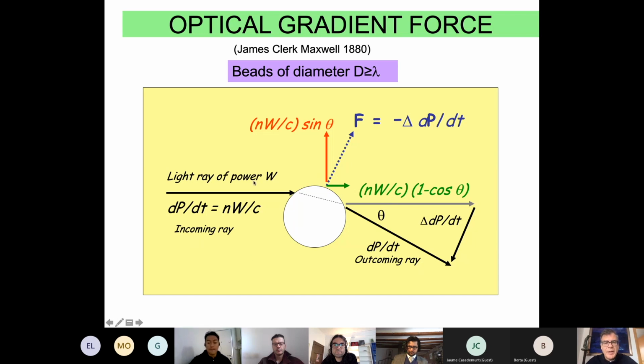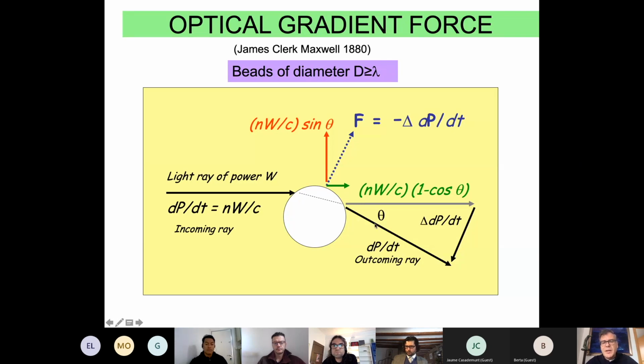Water is represented by the yellow background, in such a way that the light ray that is colliding against the particle is deflected just because the index of refraction of the bead is bigger than the index of refraction of water, and therefore there is, according to Snell's law, a change in the light direction.